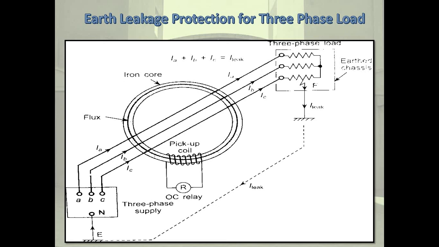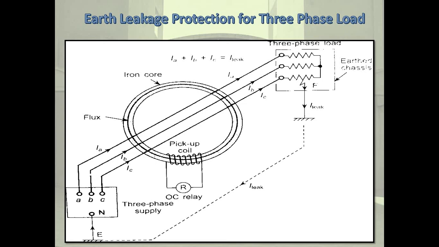When leakage current flows or any fault occurs, it completes its path through the ground to the supply neutral. Thus, there is an MMF linking with the sensing coil proportional to the leakage current IF. Thus, a voltage gets induced in the pickup coil, which energizes the relay and trips the circuit.